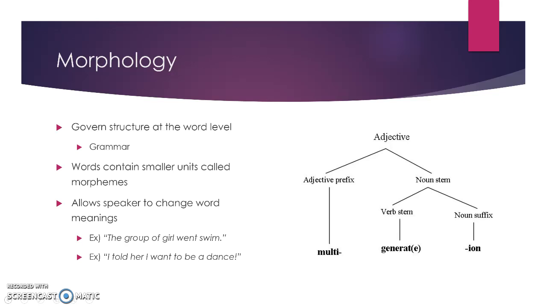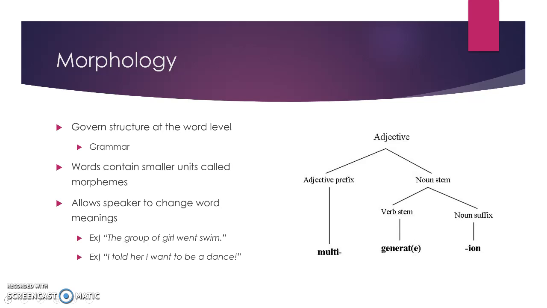So morphology allows the speaker to change the word meanings, and so they can change it by using a different verb tense, possession, number, like I said, dog and dogs. So that deals with morphology.